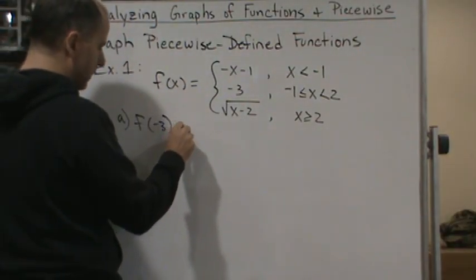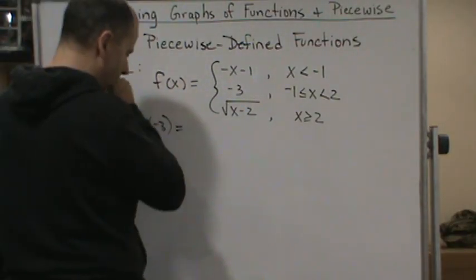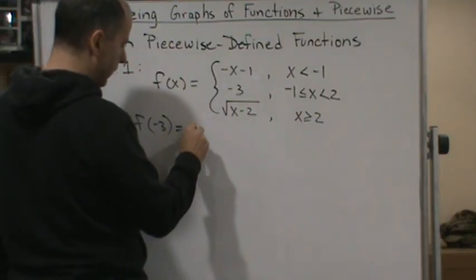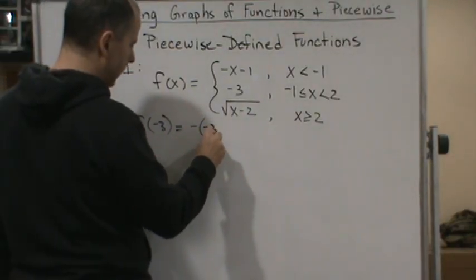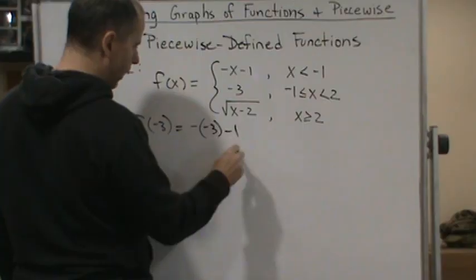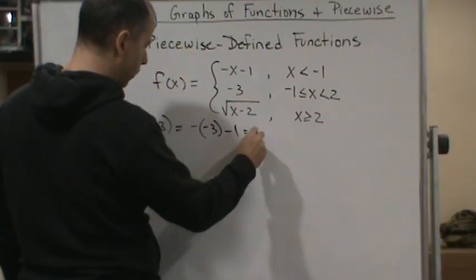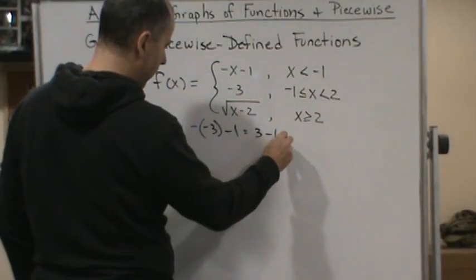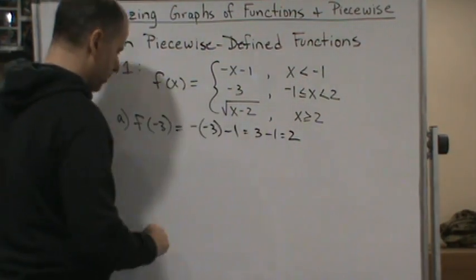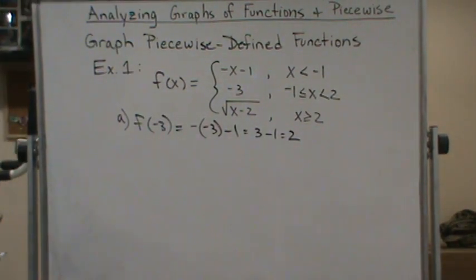That means f of -3 is going to be negative of -3 minus 1, which is going to equal 3 minus 1, which equals 2. So f of -3 is equal to 2.